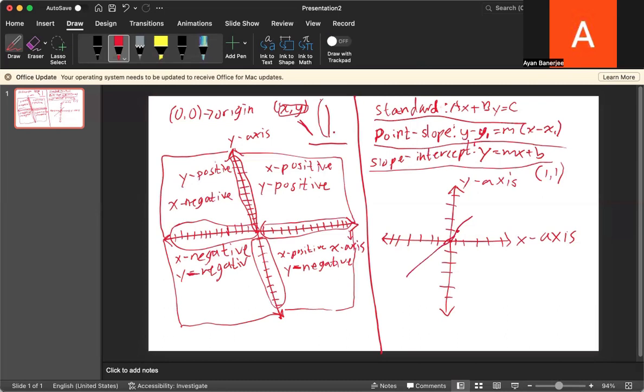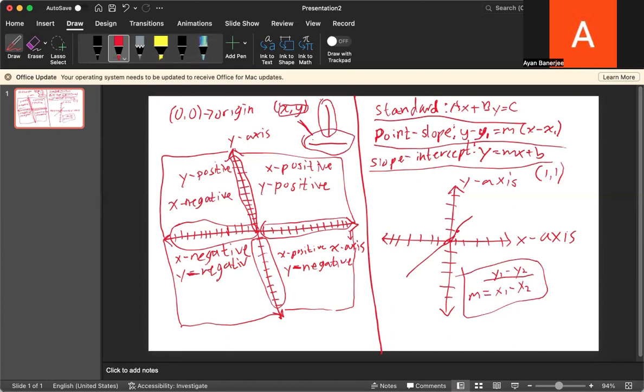As we know, the slope of a vertical line is undefined, but the slope of a horizontal line is 0. But we also have a formula to find m. m is equal to y1 minus y2 divided by x1 minus x2, and m is equal to the slope.